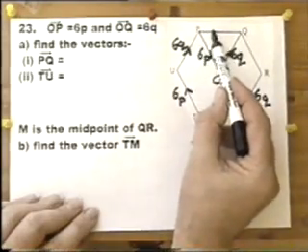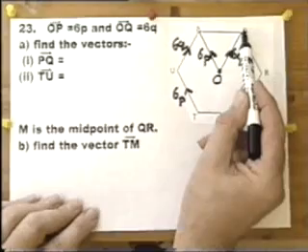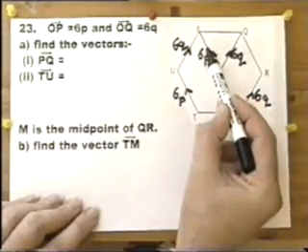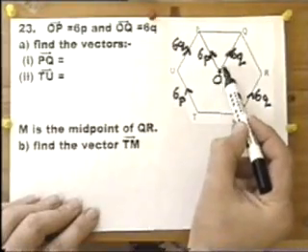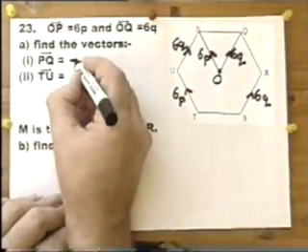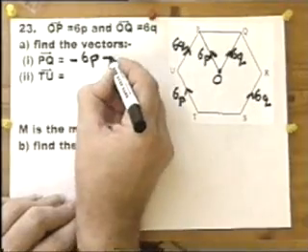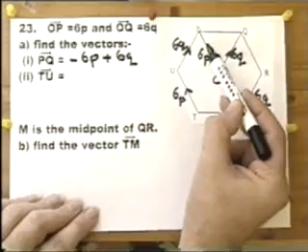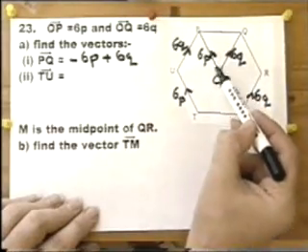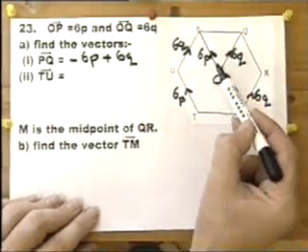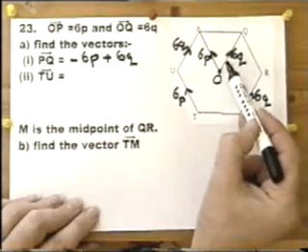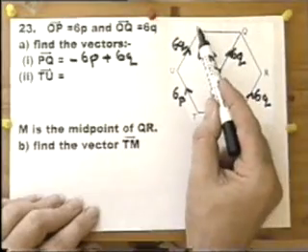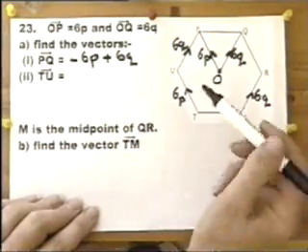Starting at P, ending at Q, equals minus 6p plus 6q, and that's my answer. We go down this vector, and because it's going in the opposite direction to the arrow, it's minus 6p, and then we go up here, plus 6q. All we're interested in is starting at P and ending at Q.